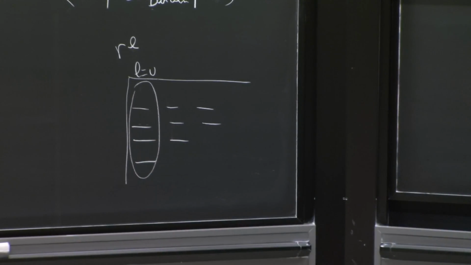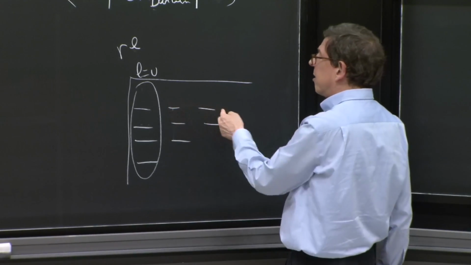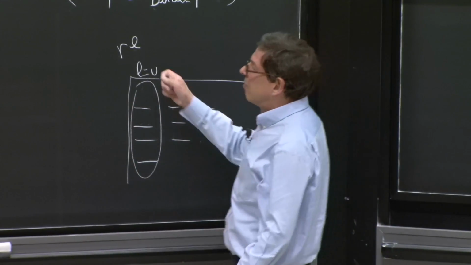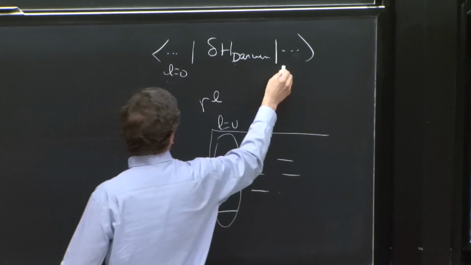So the problem is really very simple. We don't have to consider the fact that there are other degenerate states here. We just need to focus on L equals 0 states, because both states have to be L equals 0 and L equals 0.